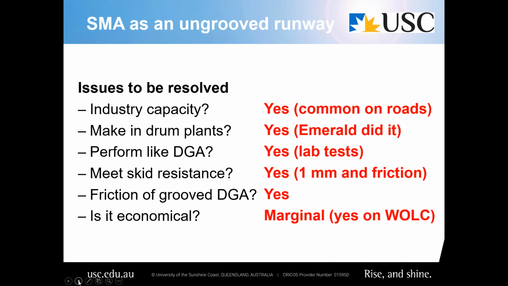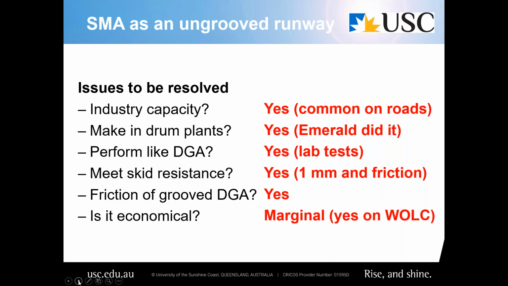But it has that increase in surface texture to get you your 1 millimeter. And based on my estimates of the additional friction associated with grooves, the SMA is going to have a level of friction that is comparable but probably higher than grooved dense graded runways.